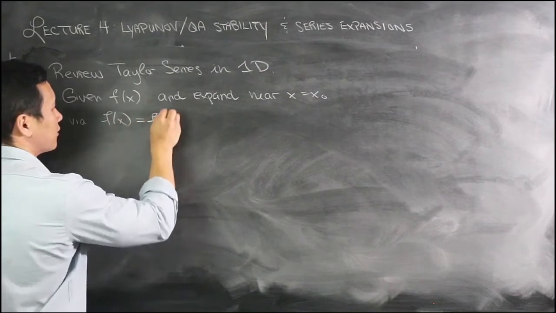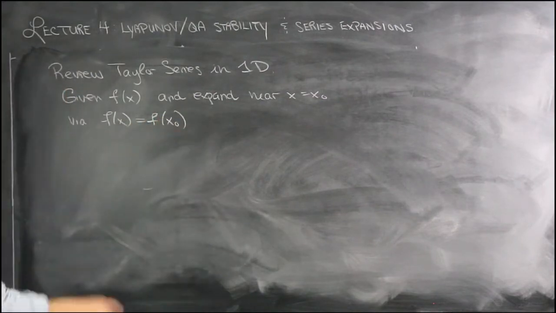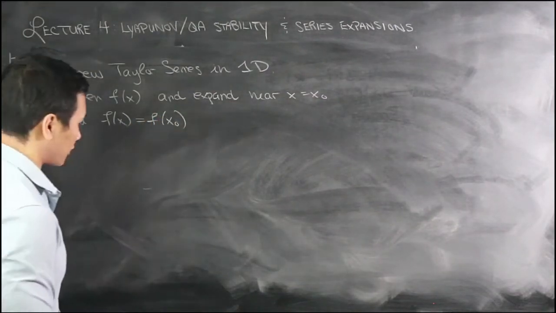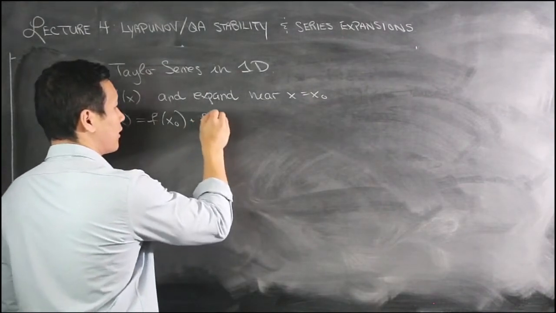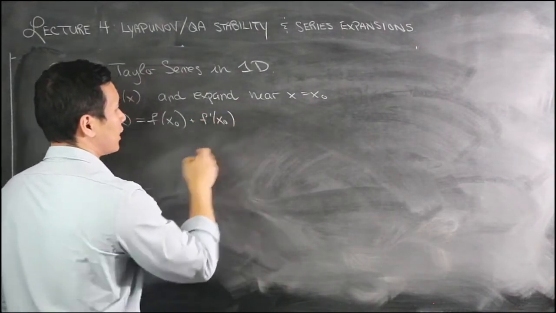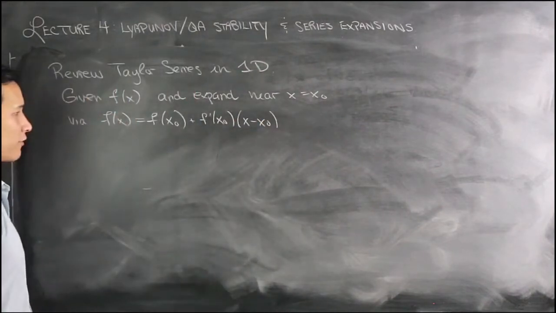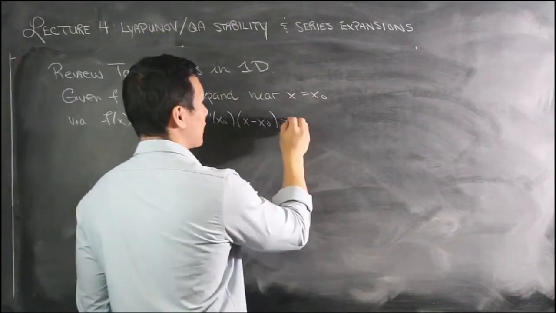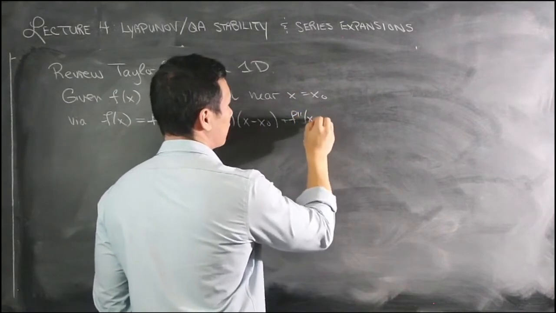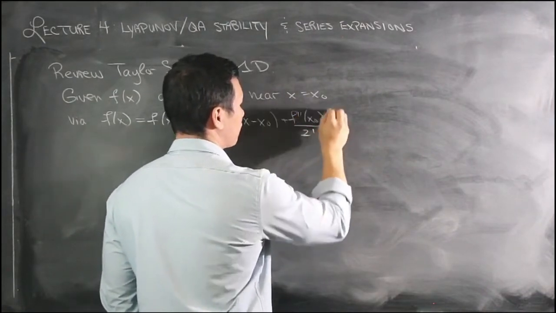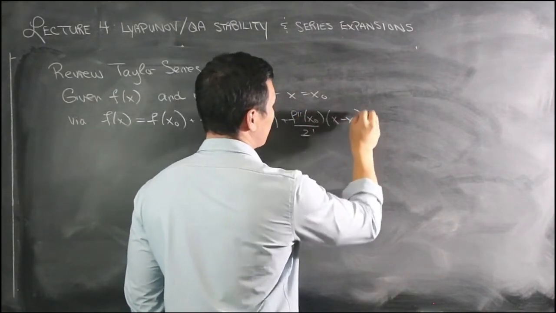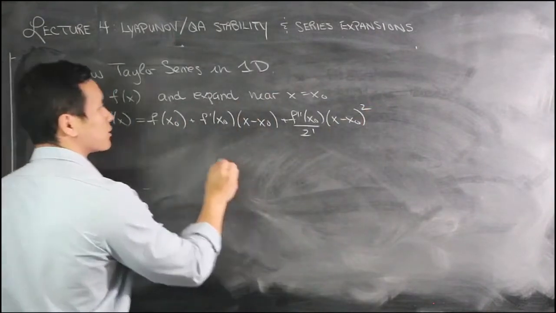So you approximate it with the value at the point x naught itself, and the correction term involves the gradient with a linear shift, x minus x naught, and then you add the second derivative over 2 factorial, and then this x minus x naught squared, plus so forth and so on.